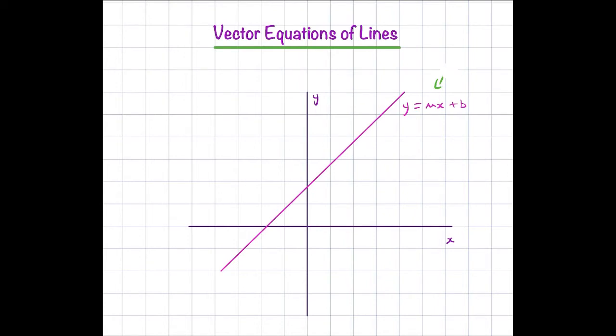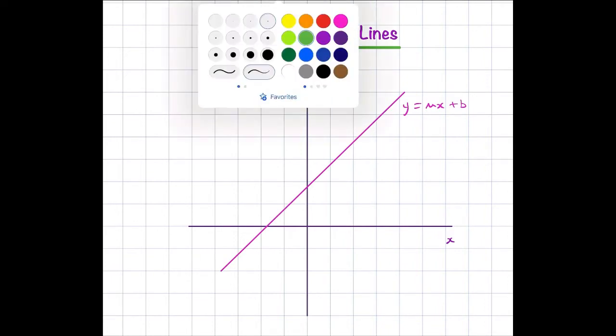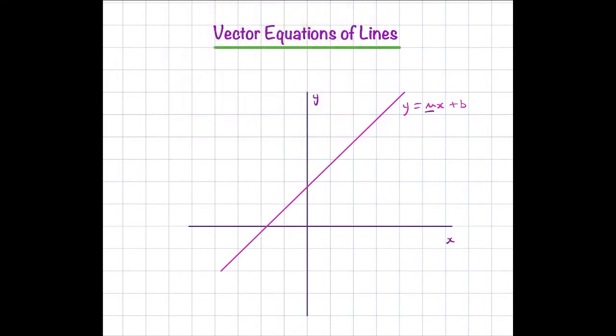So as we can see here, we have y is equal to mx plus b, the slope y-intercept form of a line, which hopefully we recognize as having a slope of m and a y-intercept of b. And this is all that we need to determine a line uniquely. In 2 dimensions, a line is determined by either 2 points or a point and a slope. Of course, the 2 points give you the slope.